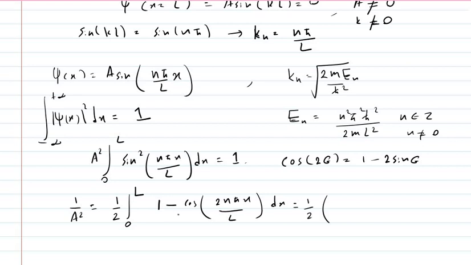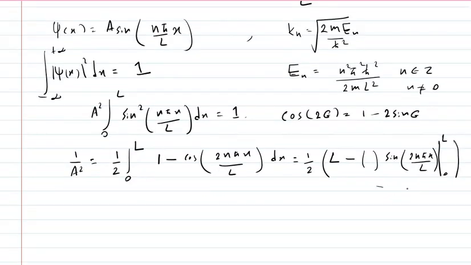So when we integrate 1 from 0 to L, we get just L. From this cosine part, we get some coefficient times sine 2n pi x over L, from 0 to L.